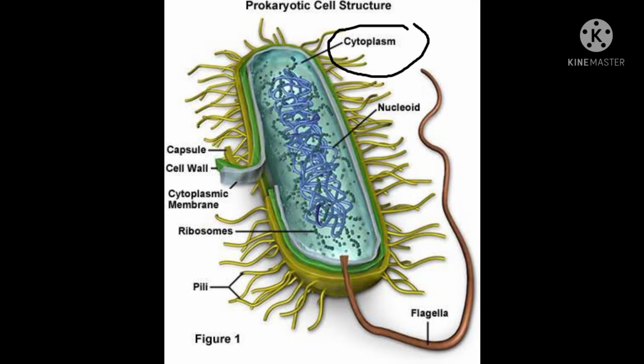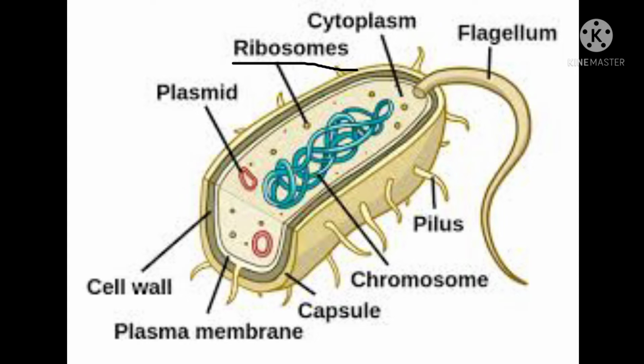Next is the cytoplasm. The cytoplasm or protoplasm of bacterial cells is where the functions for cell growth, metabolism, and replication are carried out. It is a gel-like matrix composed of water, enzymes, nutrients, waste, and gases, and contains cell structures such as ribosomes, a chromosome, and plasmids.